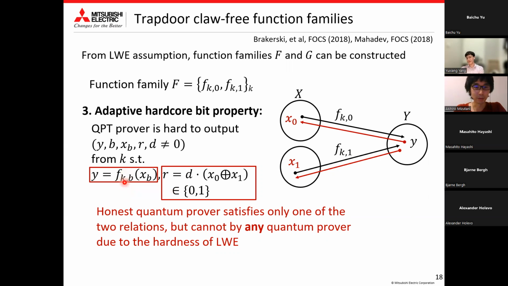More specifically, the honest prover satisfies either of the 2 conditions. By measuring the state in the Z basis, the honest prover can satisfy this left condition. On the other hand, if the honest prover performs the X basis measurement, then he can satisfy the right condition. So it is easy for an efficient quantum computer to satisfy either of the 2 conditions, but it's impossible to satisfy both of these conditions due to the hardness of the LWE problem.